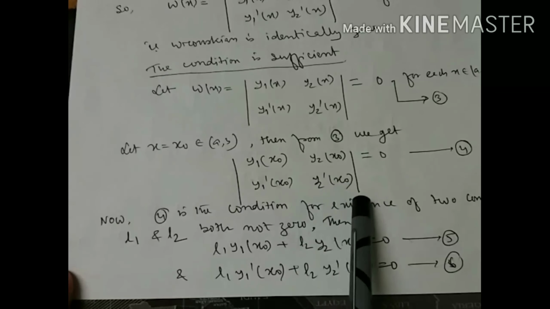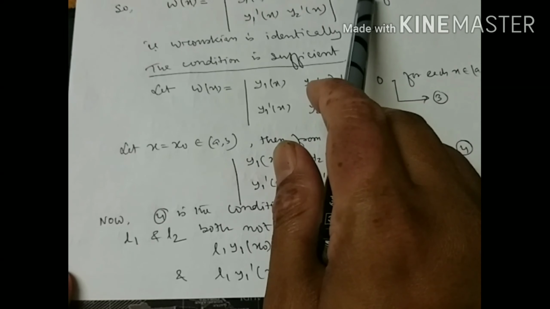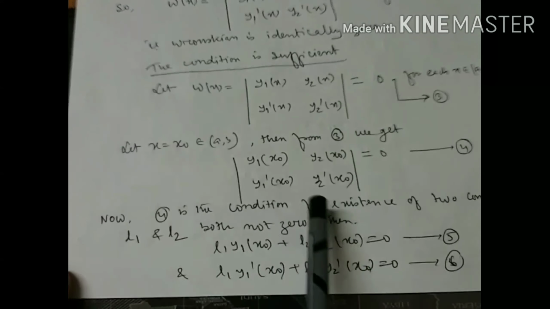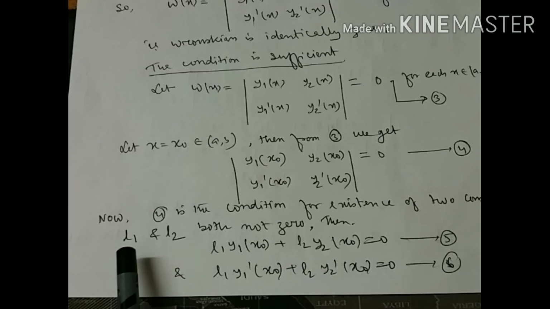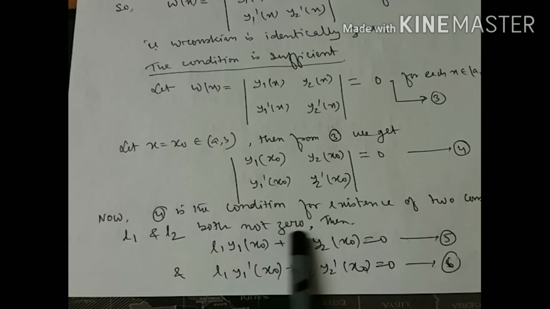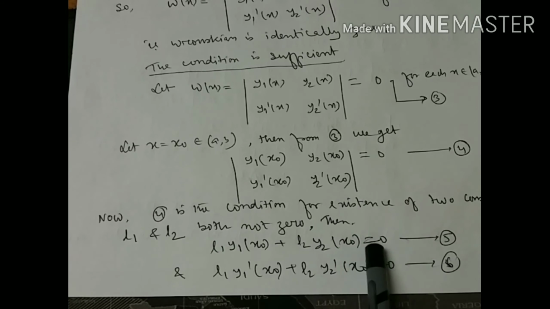Similarly, this Wronskian equal to 0 gives us two constants, say L1 and L2, both not 0. Then L1 y1(x naught) plus L2 y2(x naught) equals 0. Now differentiating, L1 y1'(x naught) plus L2 y2'(x naught) equals 0.